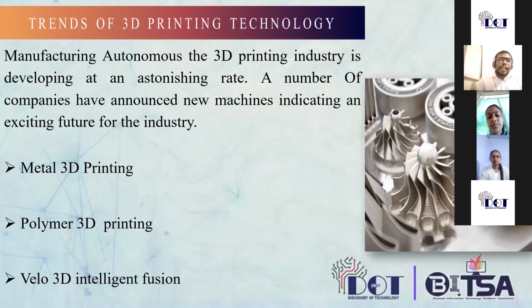And also Velo3D intelligent fusion, we use that technology in order to make robotics and internal body parts of robots, and it is also highly used by Japan and China, the countries who are the leaders of robotics at the moment. Those are the future or present trends of 3D printing technology.